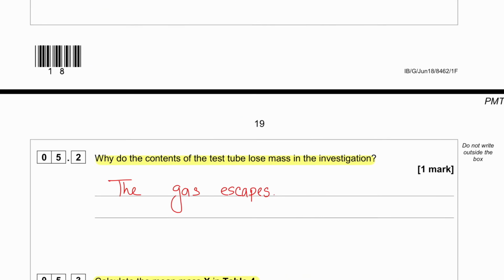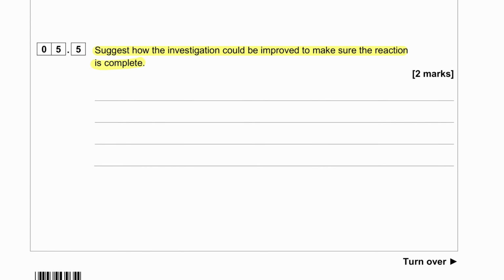So the way we ensure all of the CO2 has escaped is to reheat and reweigh until we reach a constant mass.